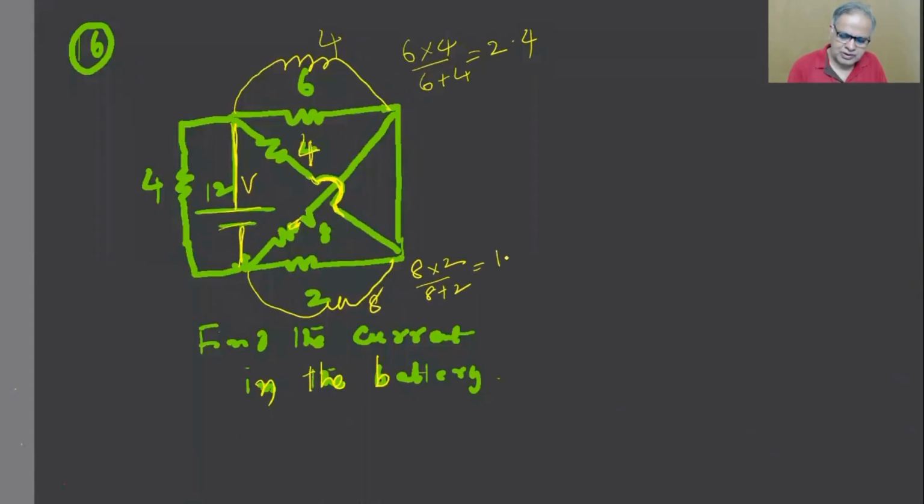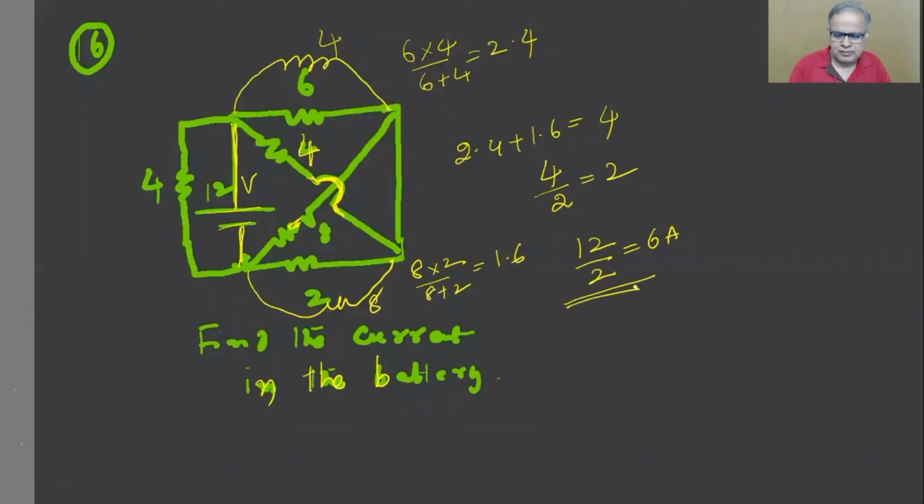You see? 1.6. These two are in series or parallel? They are in series. So 2.4 plus 1.6 equals how much? 4. This 4 and the other 4 are in? Parallel. So the current will be what? 6 amp. That's it.